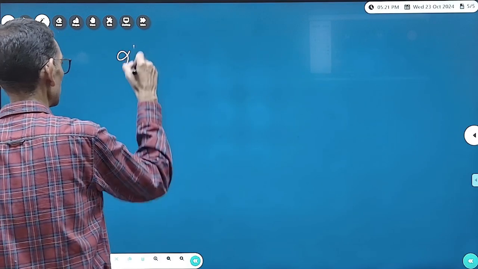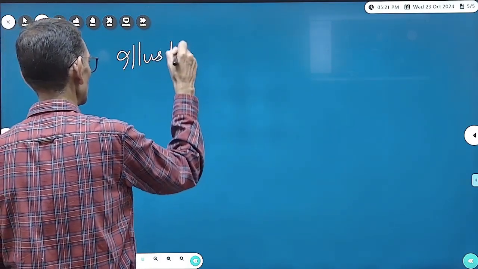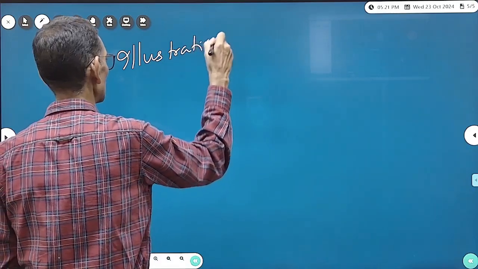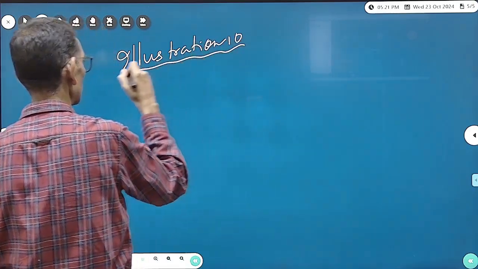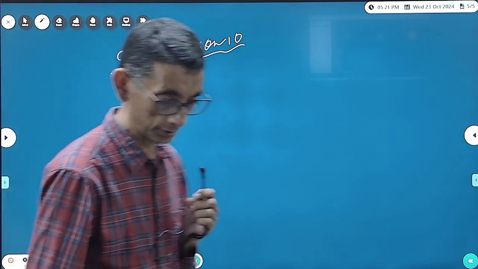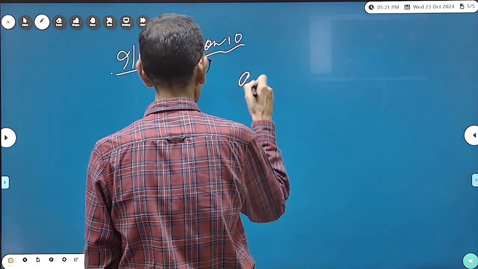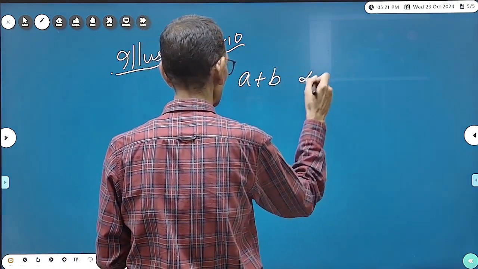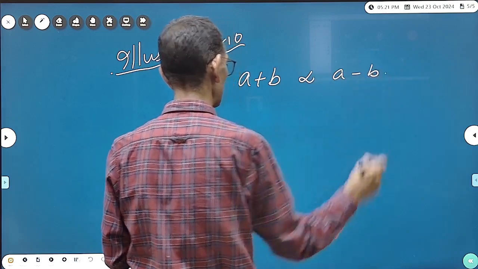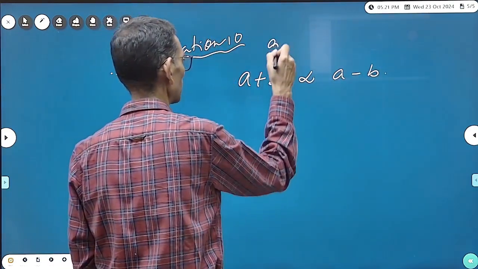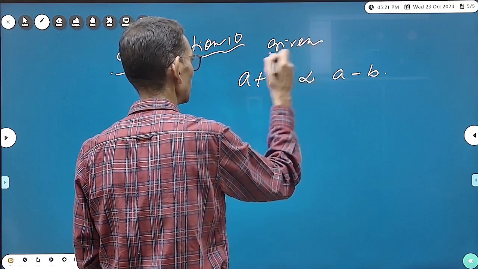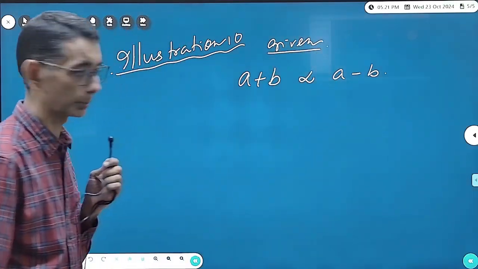So, Illustration 10. Given a plus b is proportional to a minus b.